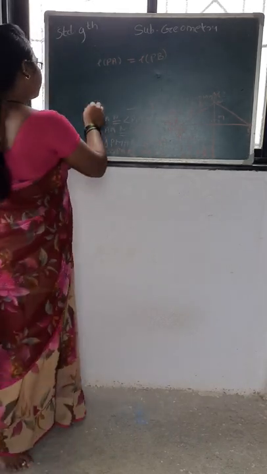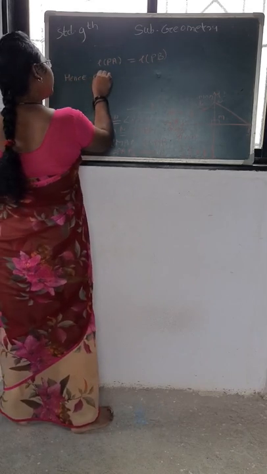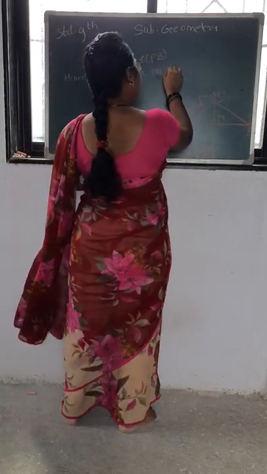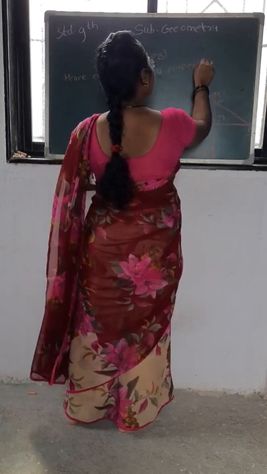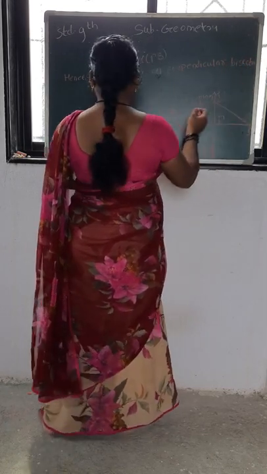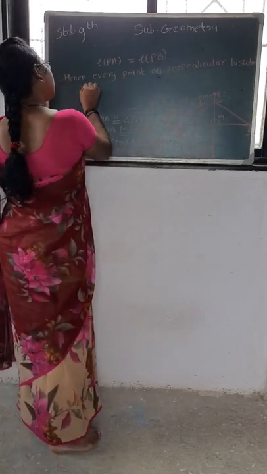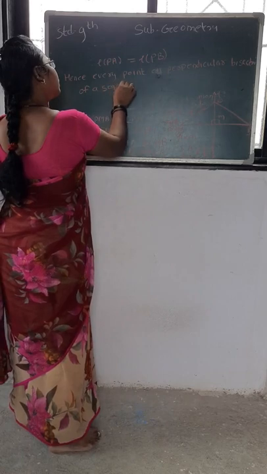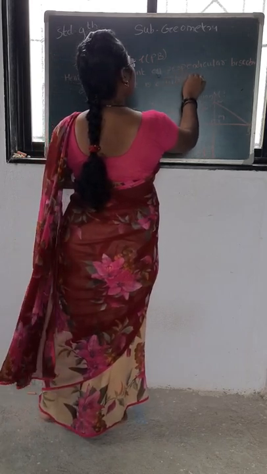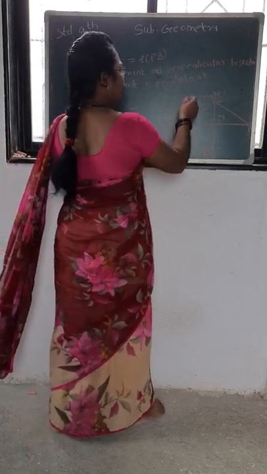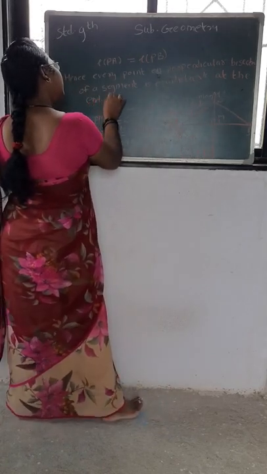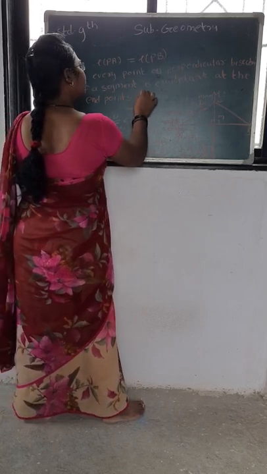Hence, every point on the perpendicular bisector of a segment is equidistant from the endpoints of the segment.